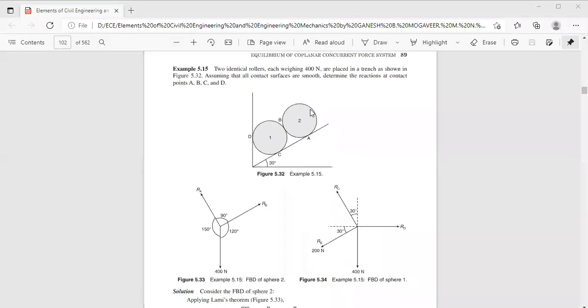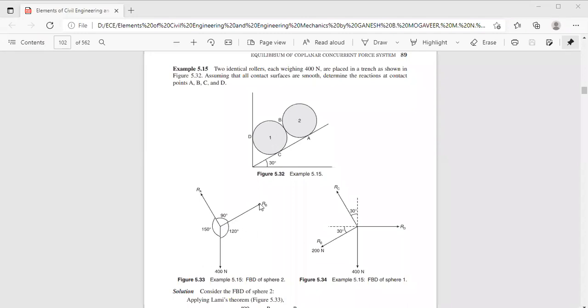Now let us consider sphere 2. Here again you can see, there is again a mistake. RA is acting in the upward direction, and this angle is 30 degree, and the remaining angle is 60 degree, and you have a reaction force RB acting from sphere 1 to sphere 2.